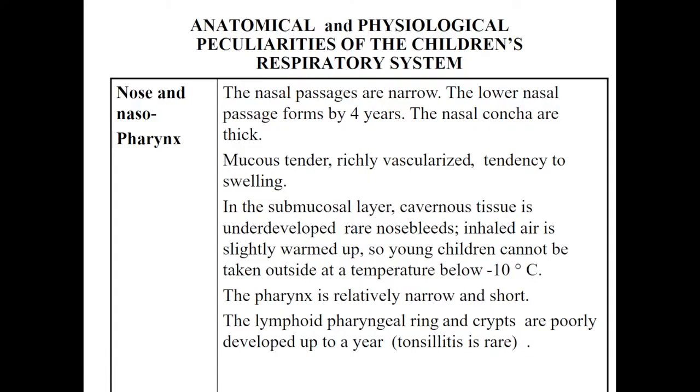Next, we will talk about anatomical and physiological peculiarities of children's respiratory system. Nose and nasopharynx. The nasal passages are narrow. The long nasal passage forms by 4 years. The nasal conchae are thick.